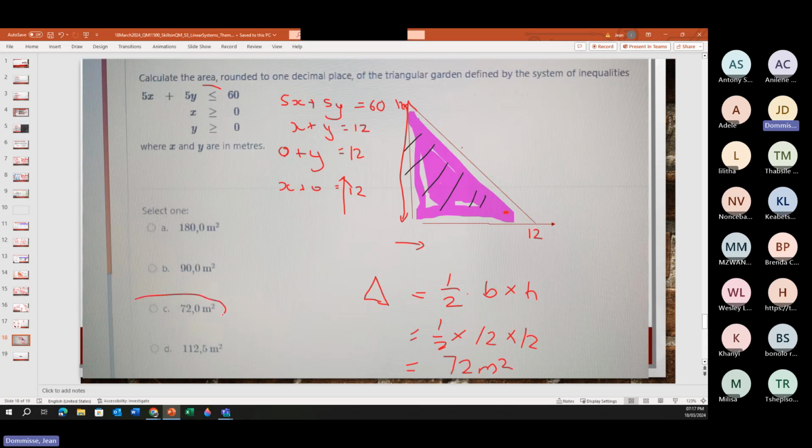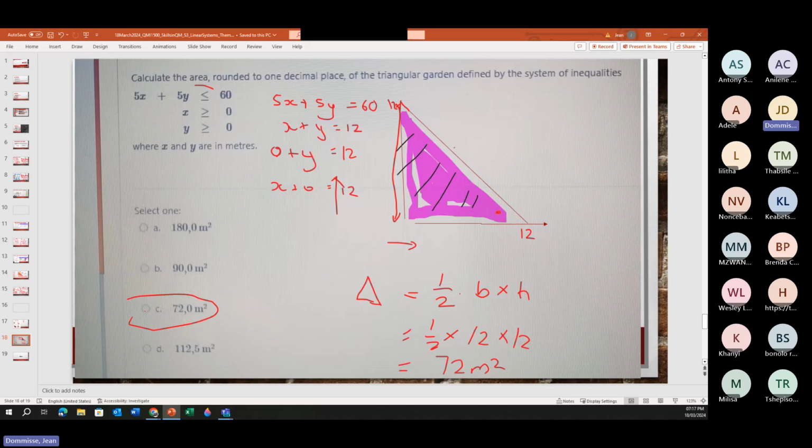It might be that you get exactly the same question in your assignment. This was from last year, so it's not that we have broken any rules or anything like that.